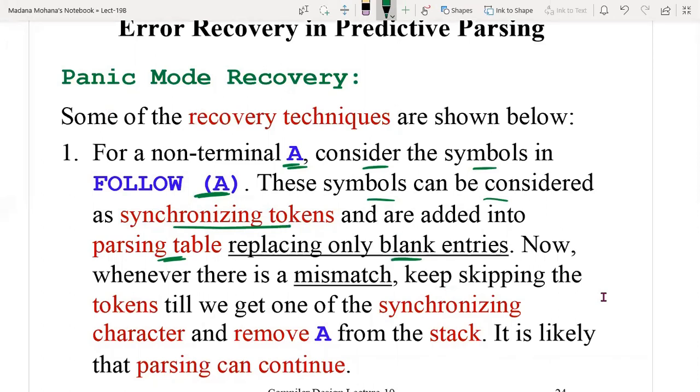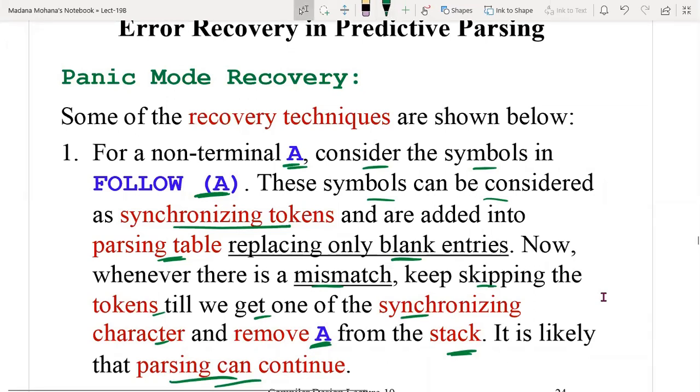Now, whenever there is a mismatch, keep skipping tokens until we get one of the synchronizing characters, that is, any matching character in follow of A, and remove the variable A from the stack. It is likely that parsing can continue, but this is not a complete solution.